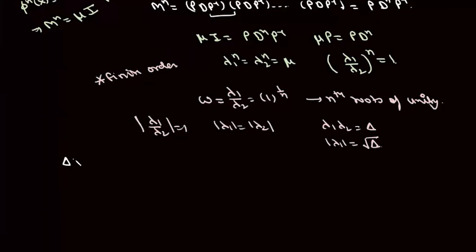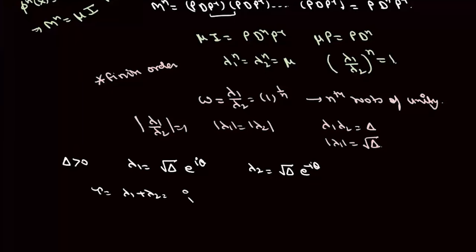Now when delta is greater than 0, we can write lambda 1 as under root delta e to the power i theta, and lambda 2 as under root delta e to the power minus i theta. Now tau is lambda 1 plus lambda 2, so it will be 2 under root delta cos theta, and from here we can write tau square upon delta will be 4 cos square theta.